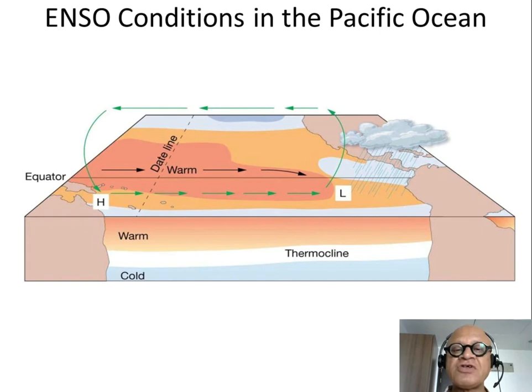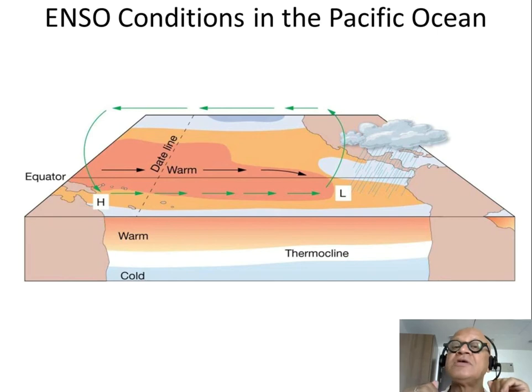So in this figure you can see that as the warm water sloshes eastward, the western part of it gets anomalously cooler, so cooler than normal. The eastern side becomes anomalously warmer, so warmer than normal. Upwelling is reduced, trades are weaker, and so on.